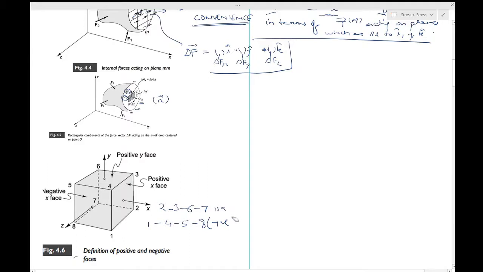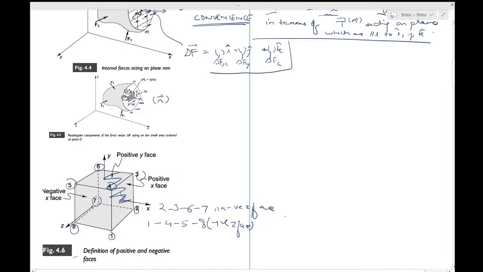I'm sorry. 1, 4, 5, 8 is the positive Z face, and 2, 3, 6, 7, this is a negative Z face. Okay, so that's how we write this.